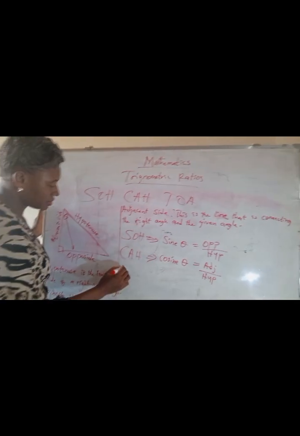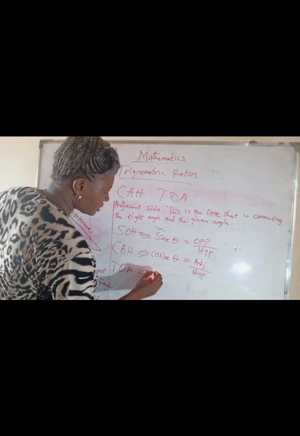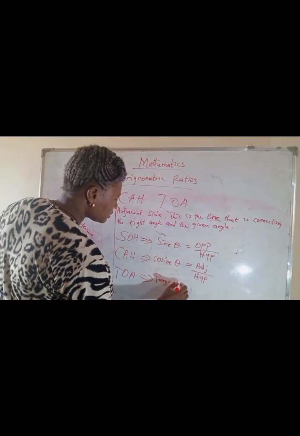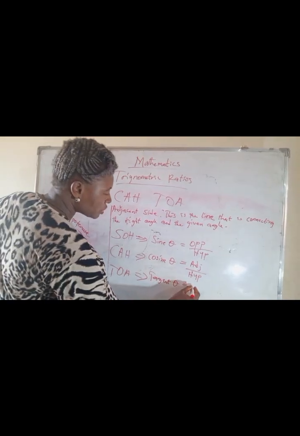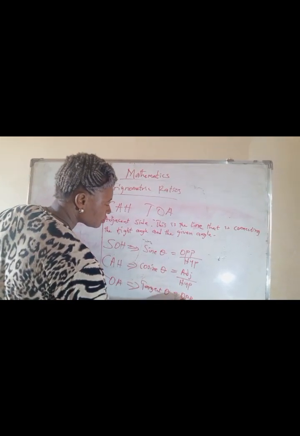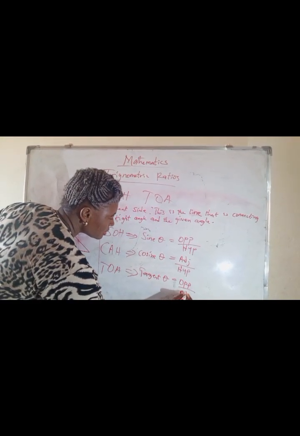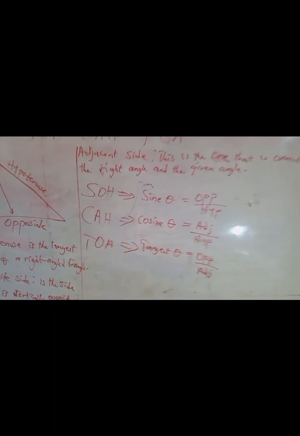Then TOA is tangent theta equal to opposite over adjacent. So this is how you represent it.